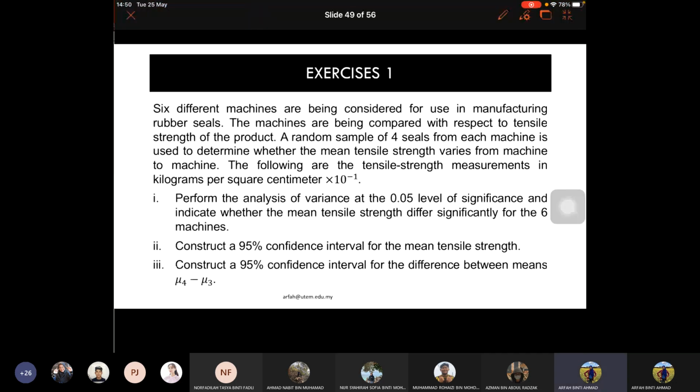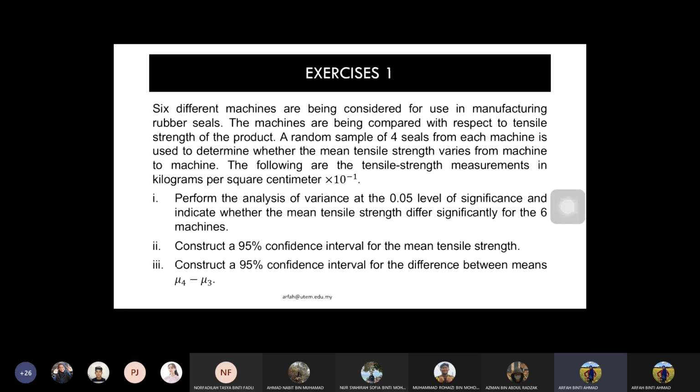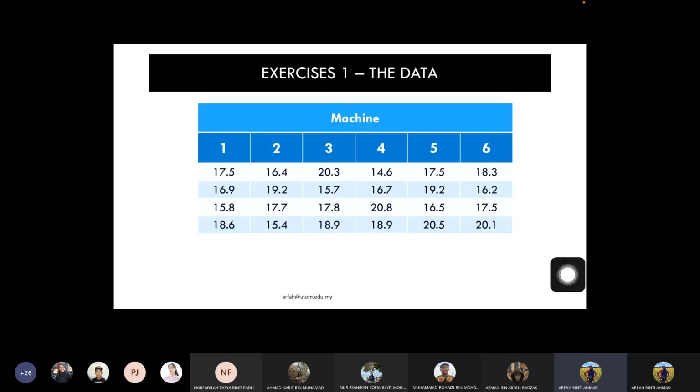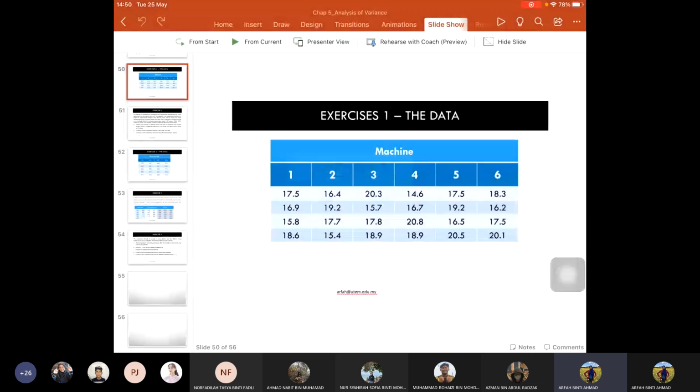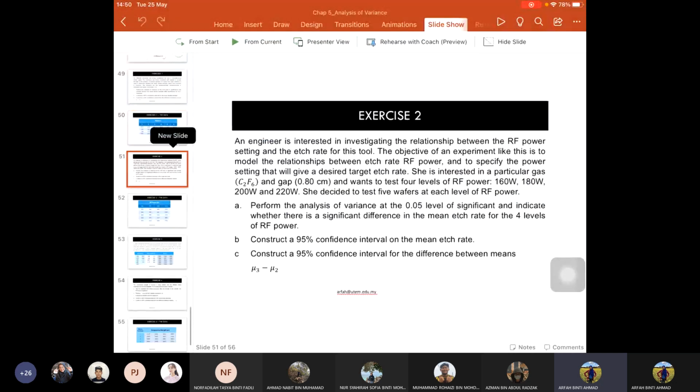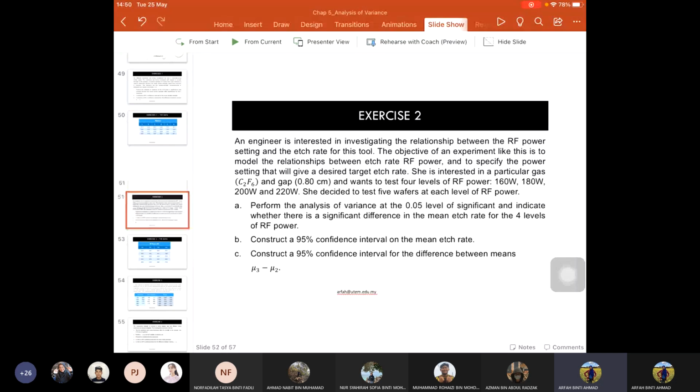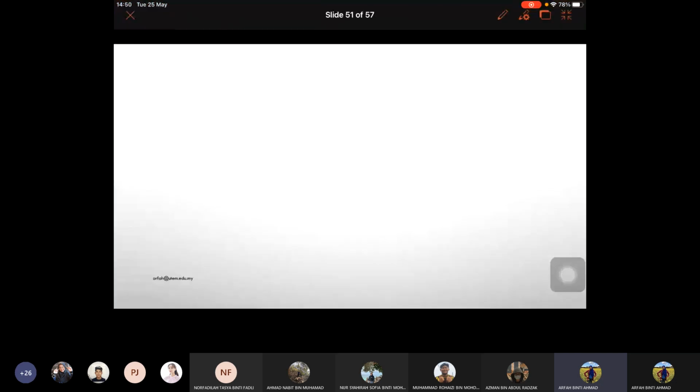Okay. So kita nak menjawab soalan A. Dia kata for the 6 machine, awak dah run the Anova Table. So you already run the Anova Table. Then we want to jawab the soalan. Okay. So solution soalan yang pertama.